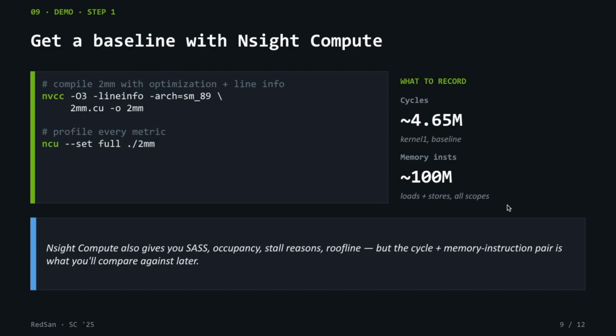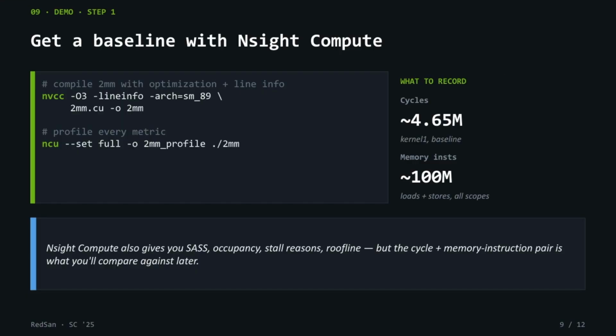And the memory instruction count, which is the global and shared memory load and store count added together, is around 100 million. And after we have used the RedSan tool and done the optimizations that it suggests, we'll come back and get another benchmark, and we'll see if it actually was able to optimize our code.